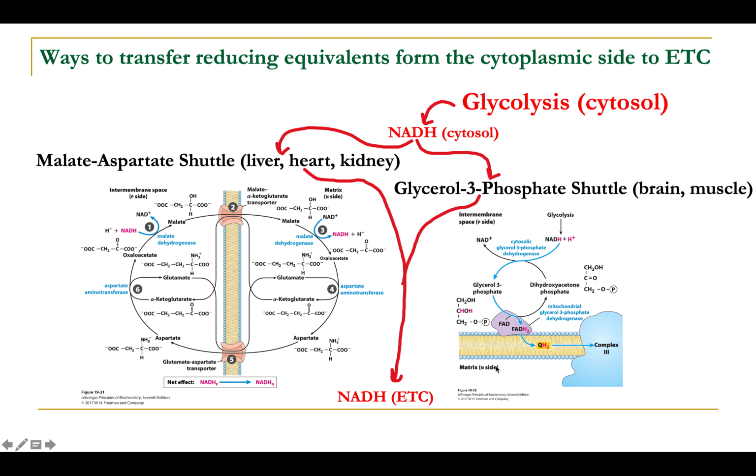So this way the NADH fed into the respiratory chain through the glycerol phosphate shuttle produces less proton pumping as compared to the malate aspartate shuttle.